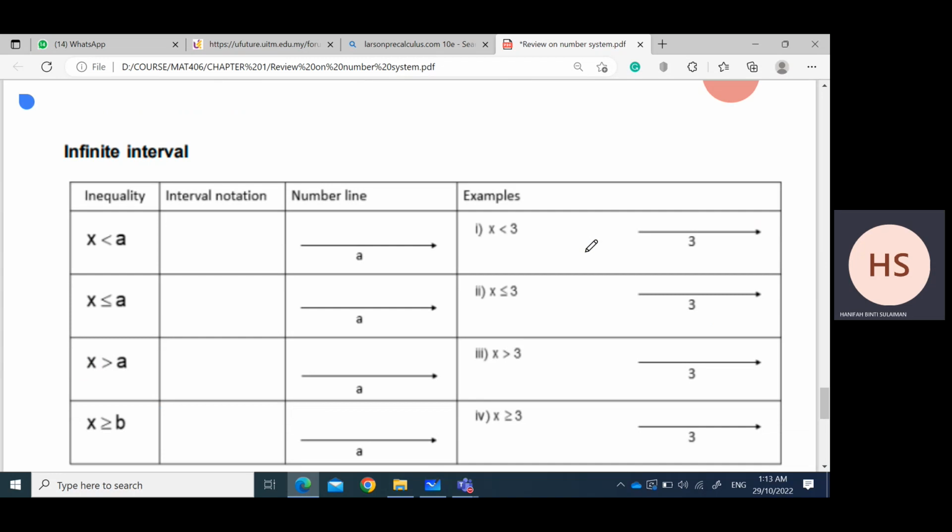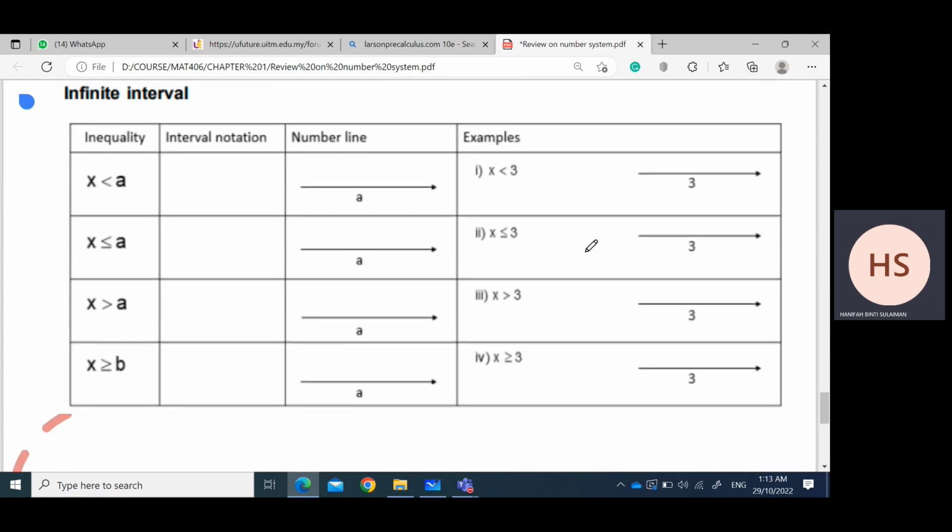So now we look at the infinite interval. Okay, so infinite interval is any interval which related ataupun which ada kaitan dengan infinity.